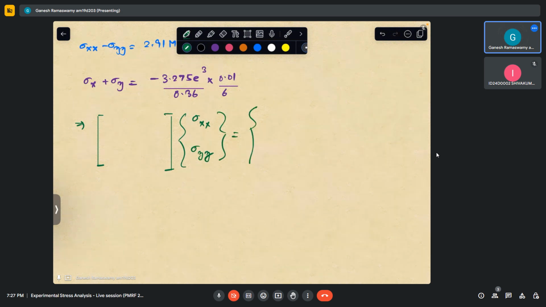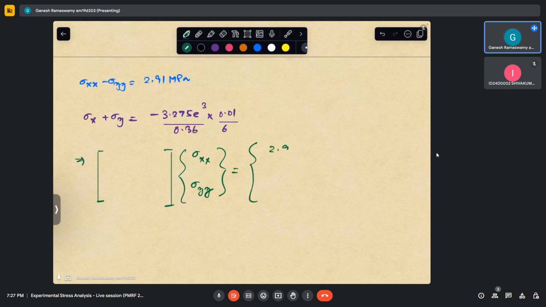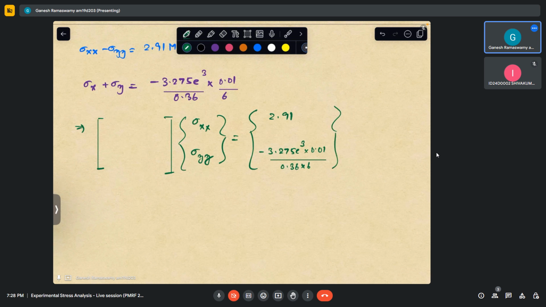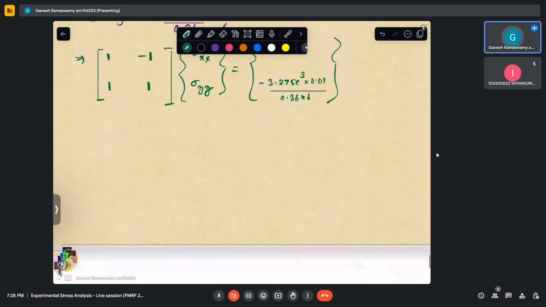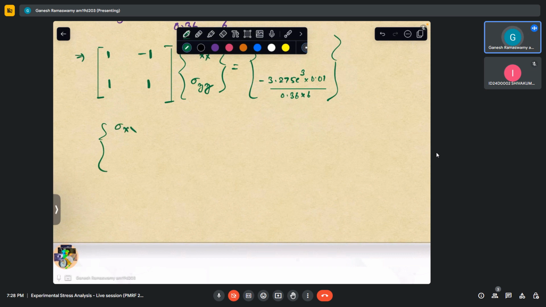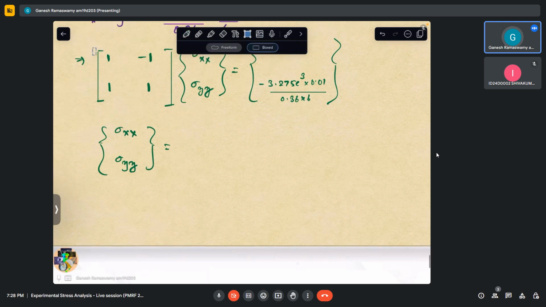It's equal to the right side vector, which is 2.91, and this is minus 3.275 E3 into 0.01 by 0.36 into 6, and here I have 1, minus 1, 1 and 1. If you open this out, it will give the same equations. So from here I can get sigma xx, sigma yy as the inverse of this into this vector.